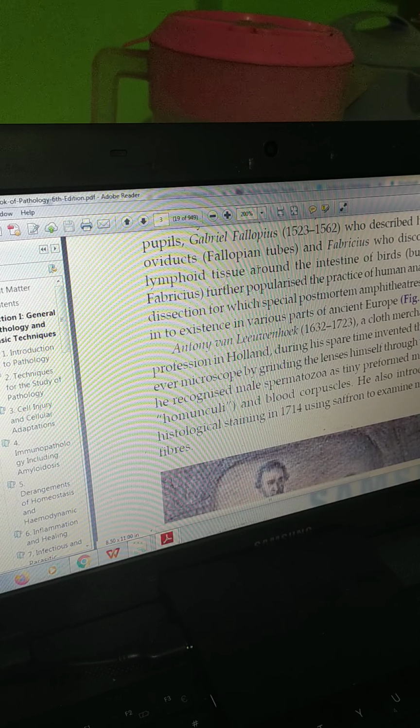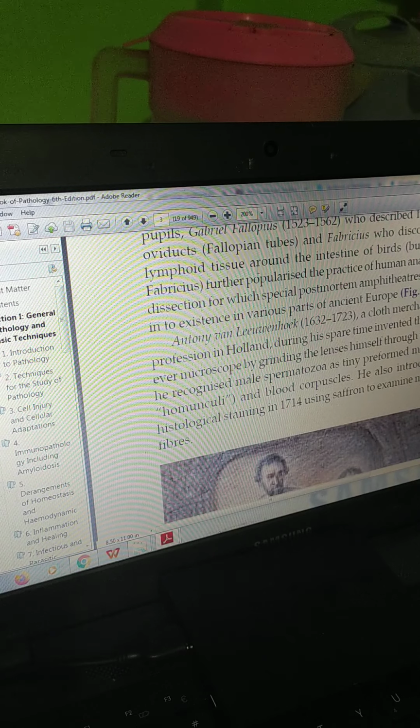He also introduced histological staining in 1714 using saffron to examine muscle fibers.